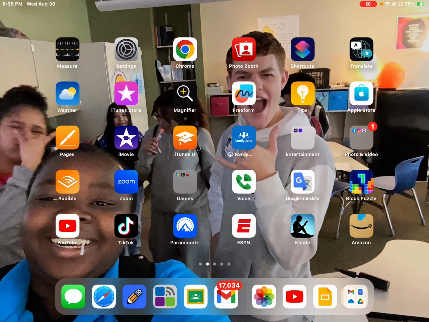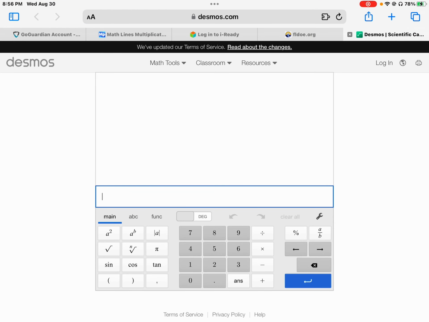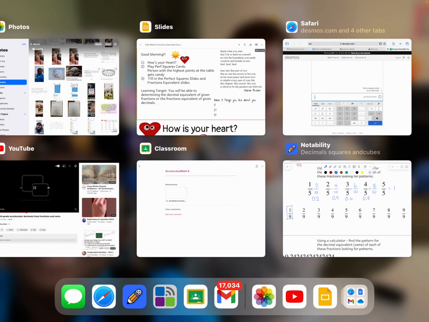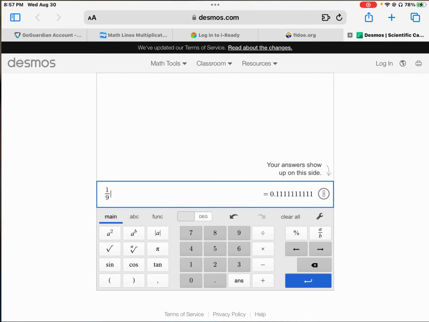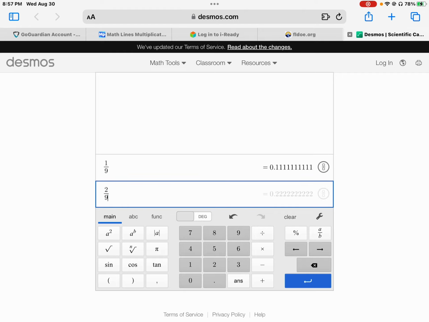So if we go over here to our lovely friend Desmos, and we take 1 divided by 9, our pattern is 0.111111. Now that you see this, you don't have to go divide the rest of them, do you? Maybe to see the pattern one more time. 2 divided by 9.